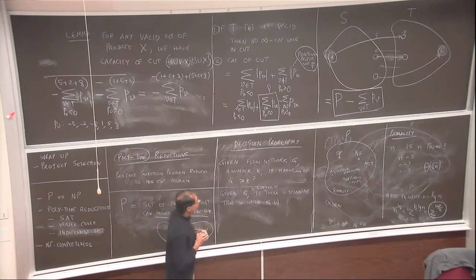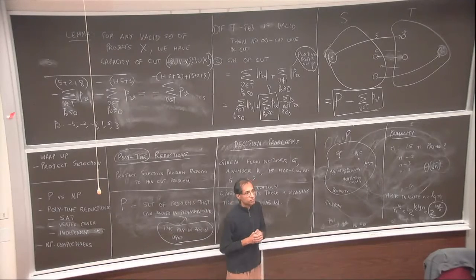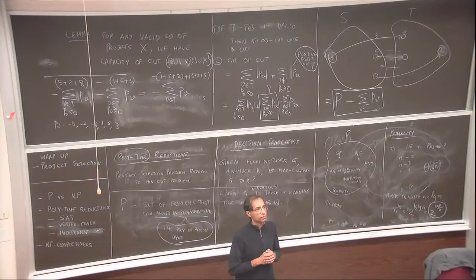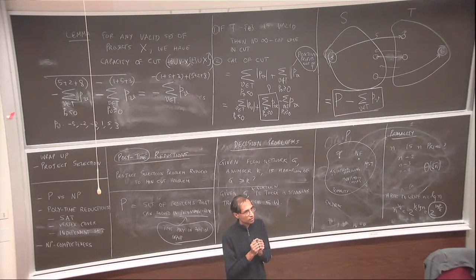So if I wanted to know if there is a factor, you can do that in polynomial time, right? The opposite of prime is a number that's not prime. It's called composite.